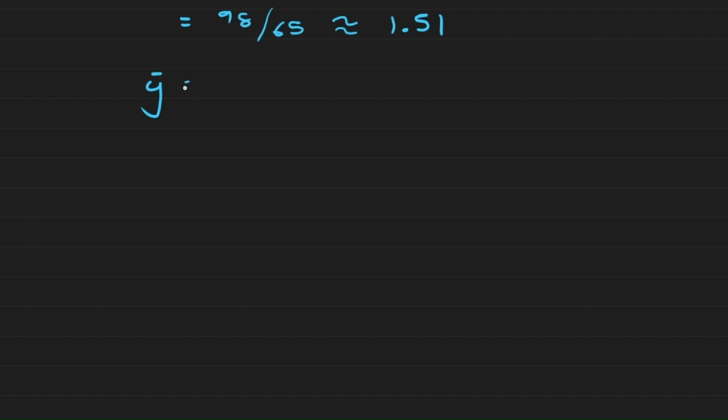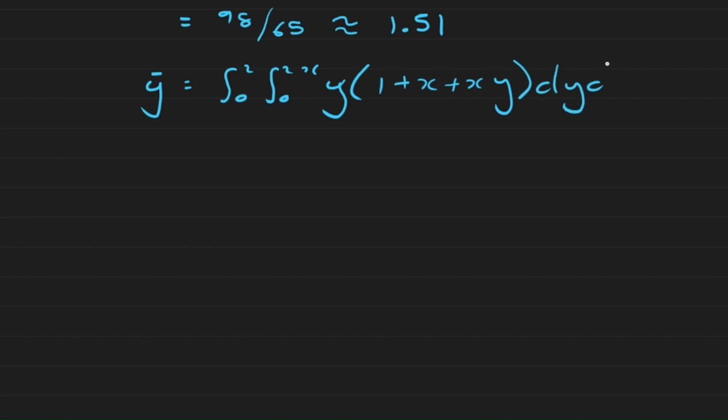To get the y coordinate of the center of gravity, all we do is we repeat the same integral, 0 to 2, 0 to 2x, and all that happens is now we multiply by y. Y is the position that we're multiplying by. So it'll be y times the density, and so it's y into 1 plus x plus xy, dy dx, and of course we're dividing by the mass.